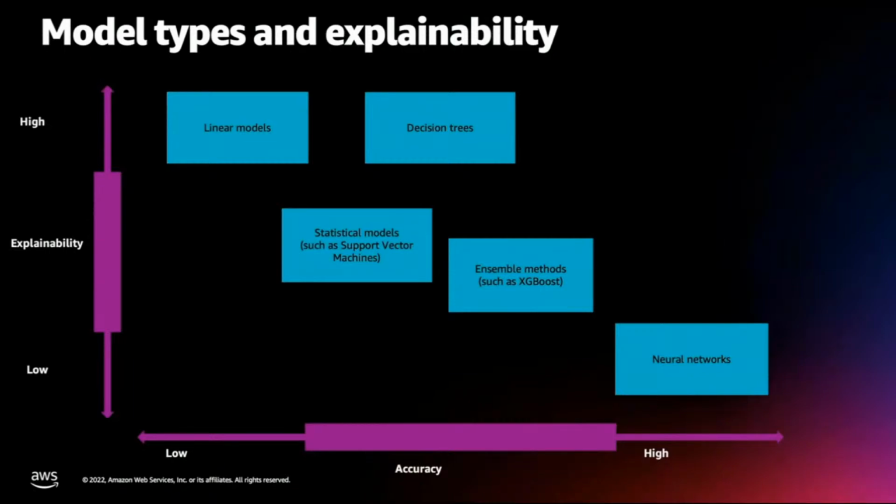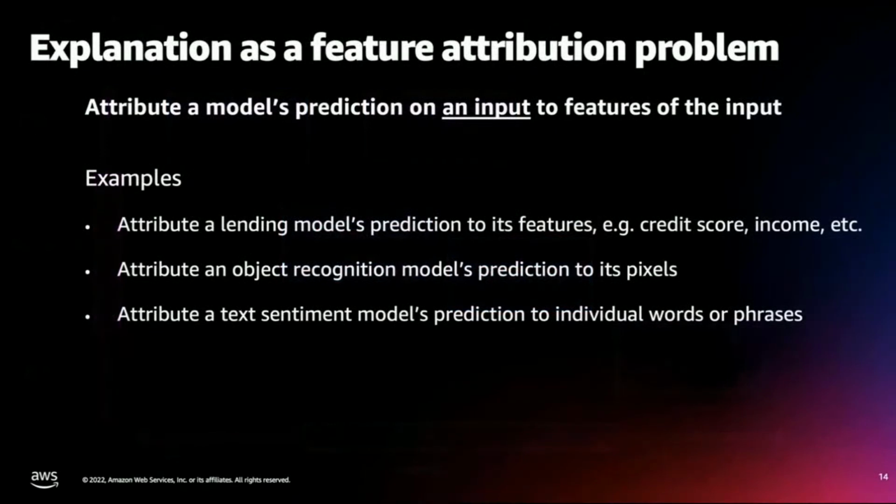So is all hope lost? Well, as it turns out, there is a way to solve it, and this approach comes from the game theory space. Specifically, we call this a feature attribution problem because we're trying to understand the relationship between the input feature values and the resulting prediction.